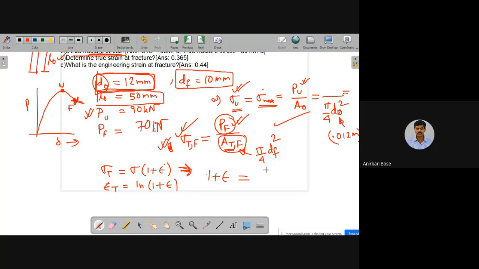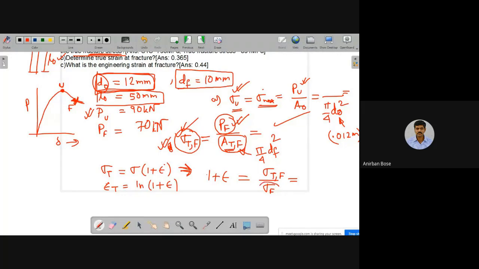That is sigma true divided by sigma engineering, right? So sigma true corresponding to the fracture and the engineering stress corresponding to fracture, these two pieces of information we can easily calculate, because we already know this value. This value we have just calculated, sigma true at fracture point.